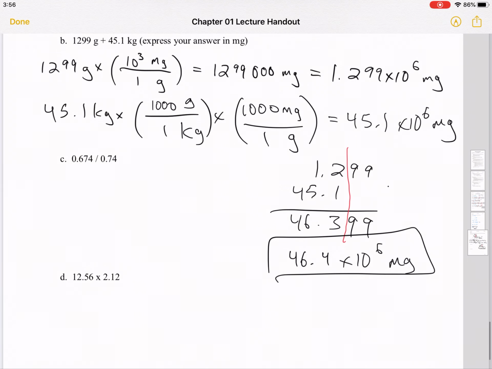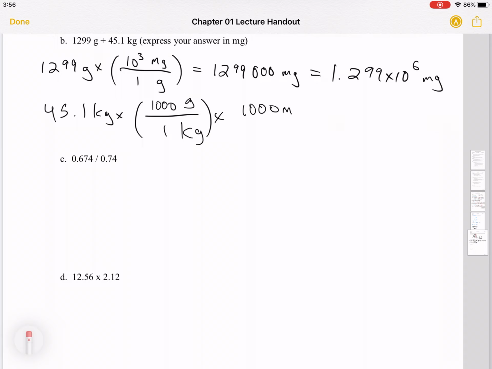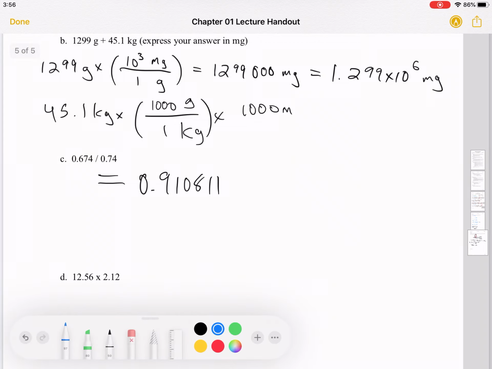Also, I'm going to clear myself some space. Isn't this magical? So magical. Okay, so we can do this math. If you do this math right, so you just plug it into your calculator, you get 0.910811. And I'm sure that keeps going. But look, that has 2 sig figs, so that's where we're stopping.